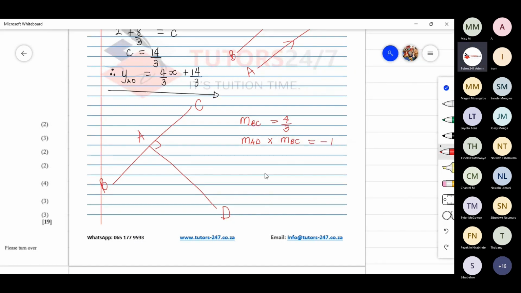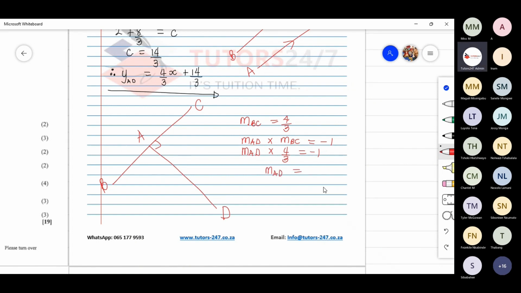We know that MBC is 4/3, so we'd substitute. Both sides you can divide by 4/3, or multiply then divide, or cross multiply then divide. Whichever algebraic method you prefer, you can do that.